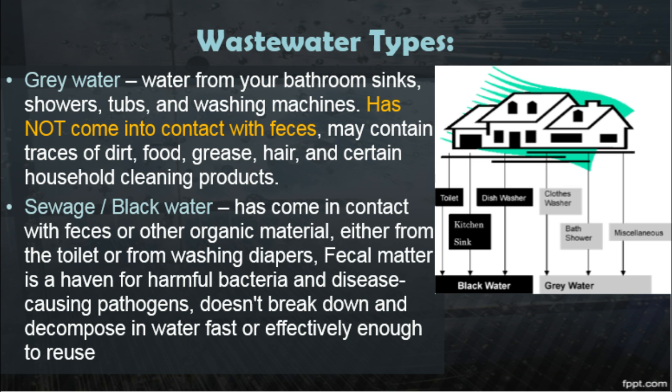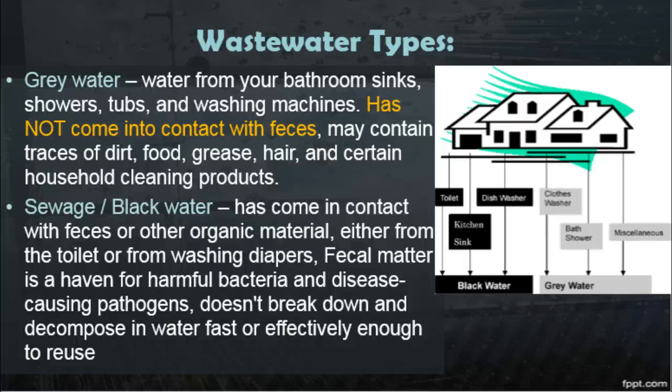As far as those different types of wastewater, gray water is water from your bathroom sinks, showers, tubs, and washing machines that has not come into contact with feces. So it can have other organic material in it like dirt, food, grease, different detergents and things like that, but it doesn't have any fecal matter. Sewage or black water is the opposite.